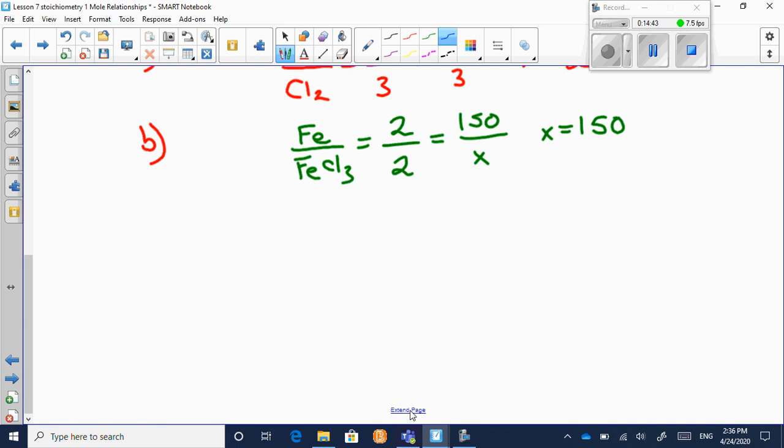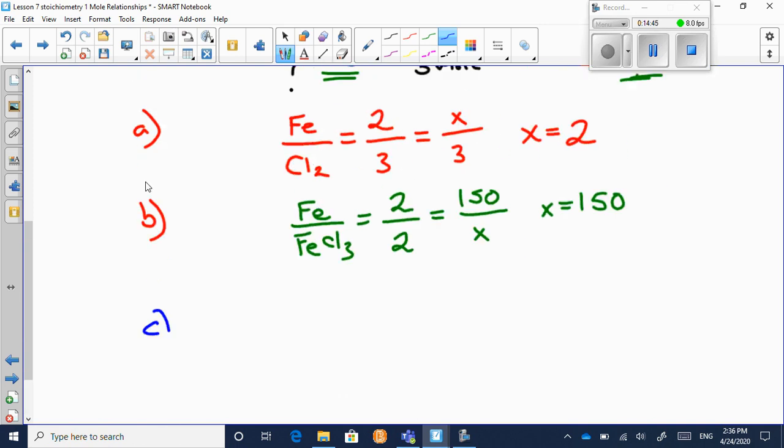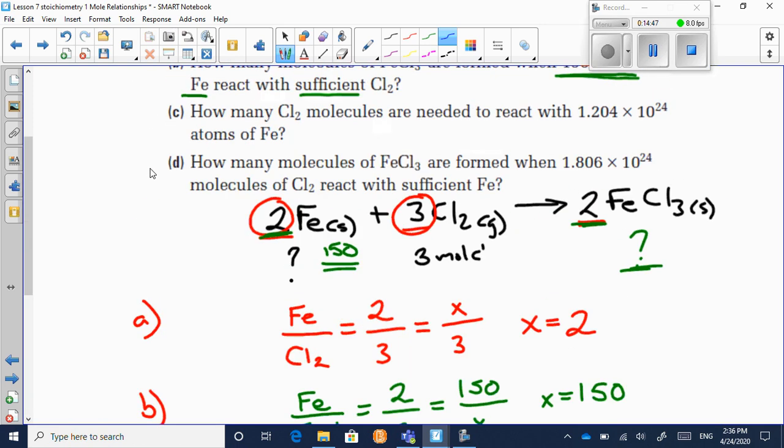So here we go. C says, how many Cl2 molecules are needed to react with, oh, we got a really big number this time. How many of those are needed to react? So here, my question mark now is here. And how many of those are needed to react with, instead of 150, we've got 1.204 times 10 to the 24.